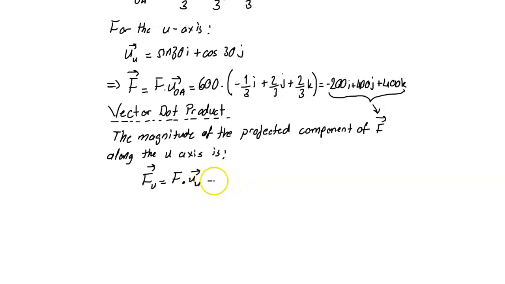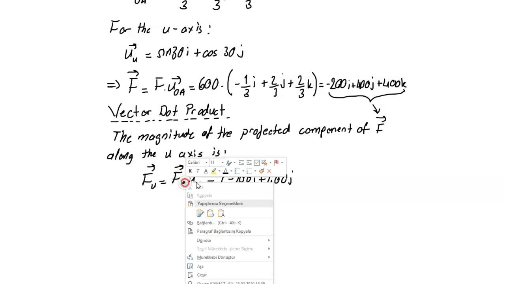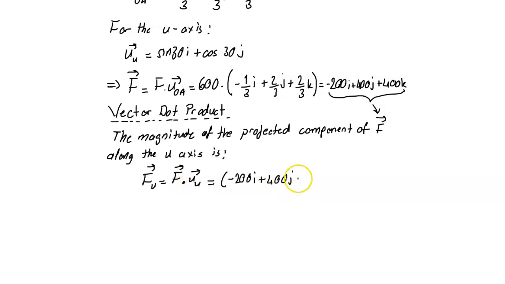So from there we can continue writing the equation. So that will be minus 200 I plus 400 J plus 400 K, so that's the force vector, and then the dot product with sine 30 I plus cosine 30 J. Okay.